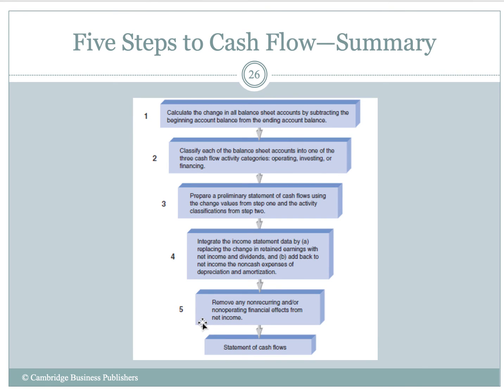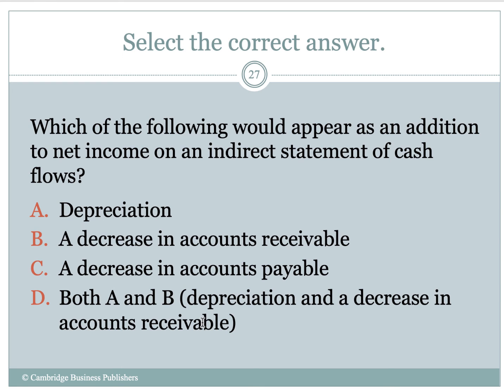Okay? So here's just a quick once-over on the steps of how we prepare the statement of cash flow. When we go through an example, I'm going to show you a slightly different way, but at the end of the day, it gets the same results. Okay?